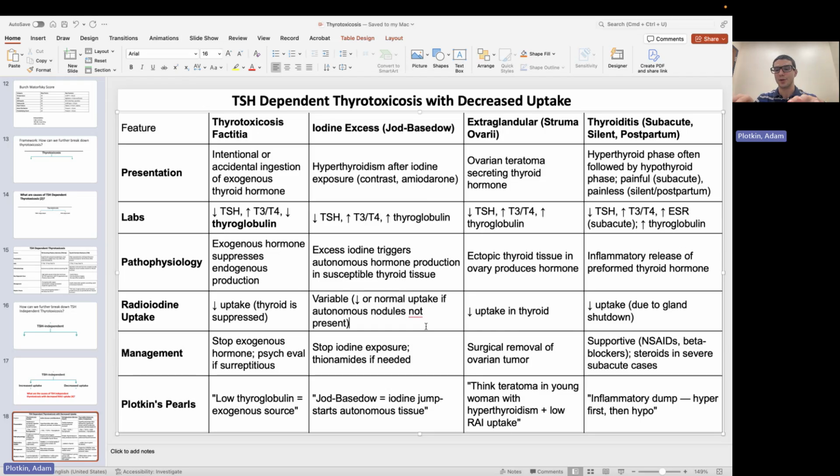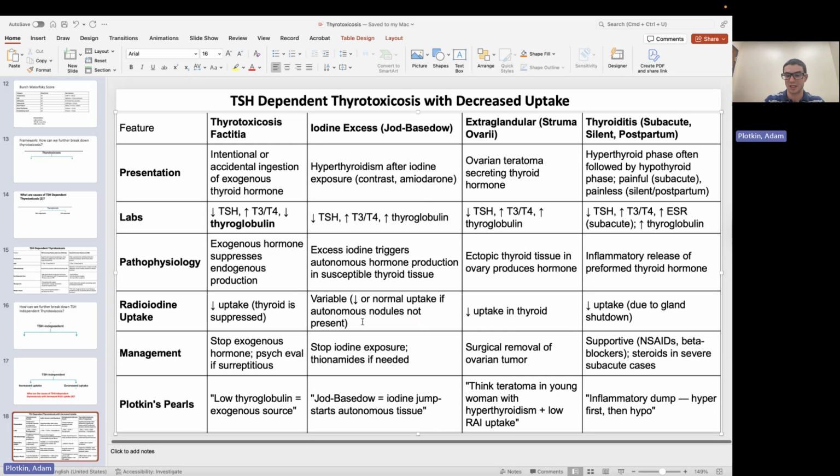The patient's super hyperthyroid, but now the problem is we've gotten rid of all that iodine and the thyroid gland shuts down because it's like, hey, I just made all this T4, T3. It feeds back, it shuts down TRH, it shuts down TSH. So then we've taken the key and we've thrown it away. The factory remains closed. So usually you're going to see decreased uptake unless you catch the patient right after they took the iodine bolus, which you never will, because we're not going to test them for this until they start having the hyperthyroidism symptoms, which will be a little bit later.